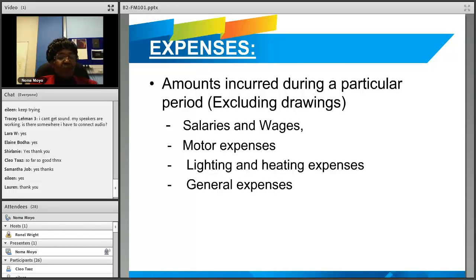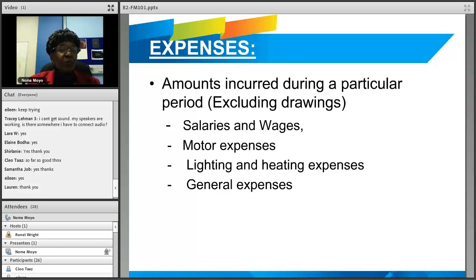Expenses. I already explained expenses. I said those were amounts incurred during a particular period, excluding drawings. Drawings are not an expense. They do reduce equity, but drawings are when you get money from the business for your own use. When you are given money to run a business by the government, then you decide to go and buy an expensive car, and that money is not used in the business, that becomes drawings.